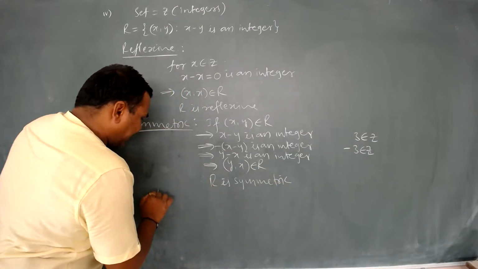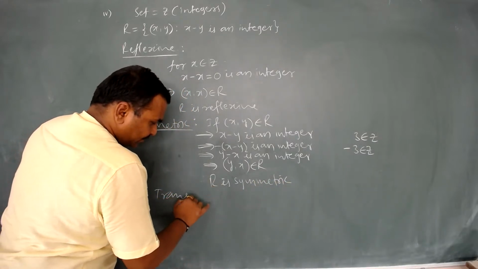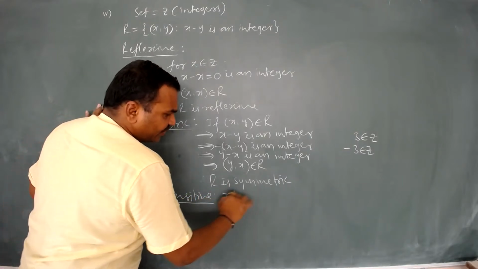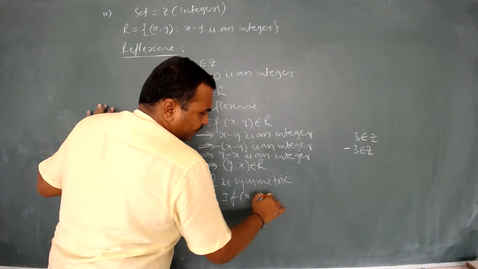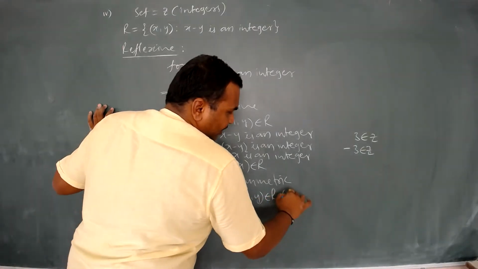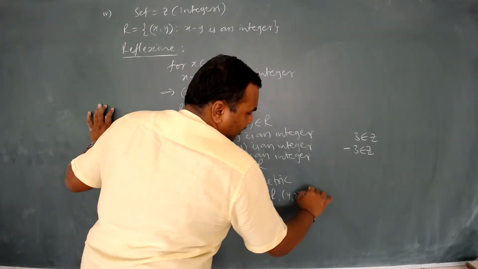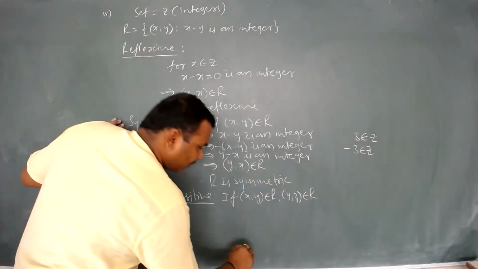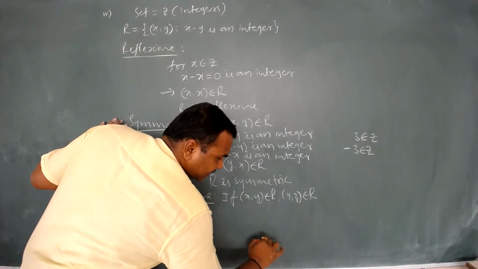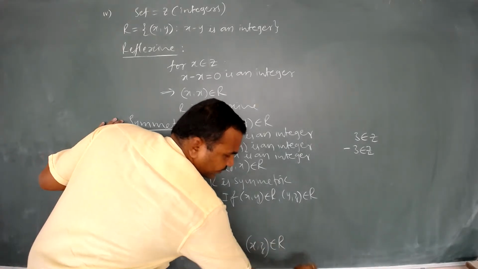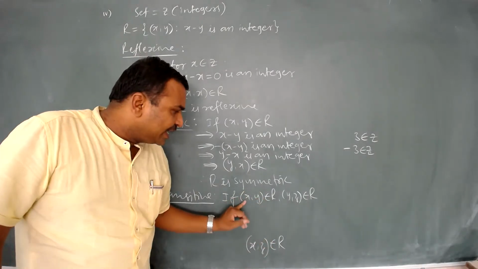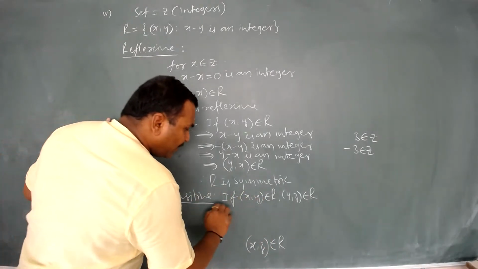Next, go for transitive. What is transitive? If x comma y belongs to R and y comma z belongs to R, then we have to prove x comma z belongs to R. So what we have to prove? X comma z belongs to R. How can we prove it? First of all, x comma y belongs to R means what?